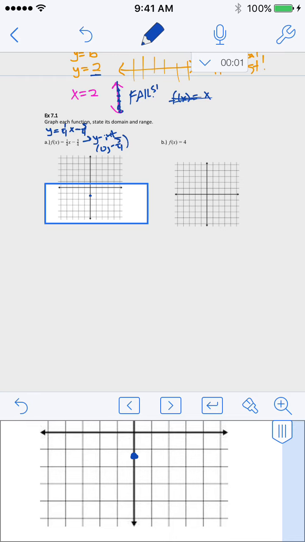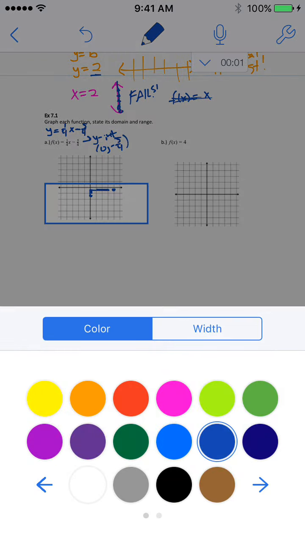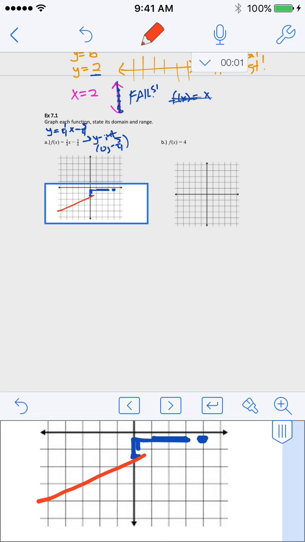Up 1 gets me to about there, and then out 4 to right about there. Then I can graph the function with a straight line through both dots. It's not an inequality, so I don't need to shade. And I've graphed my function.